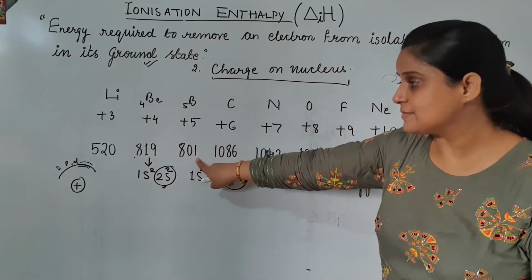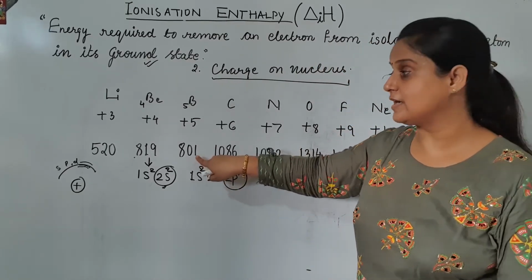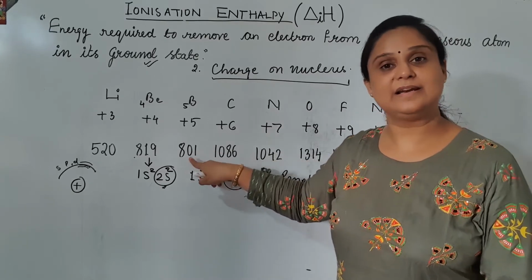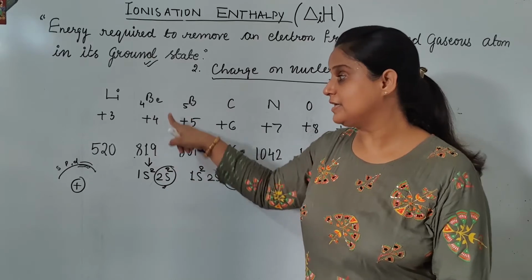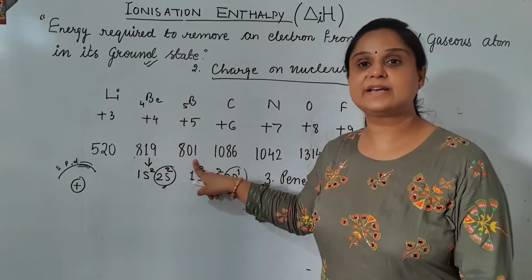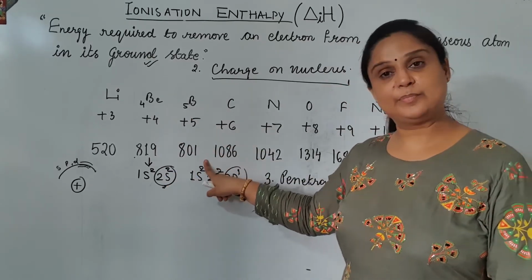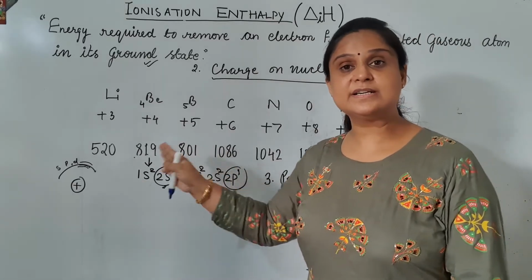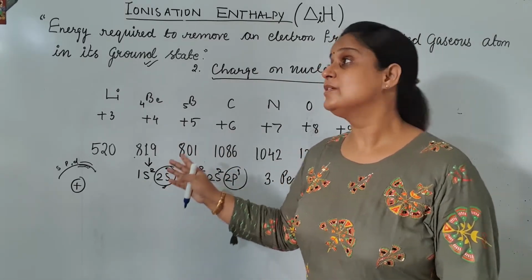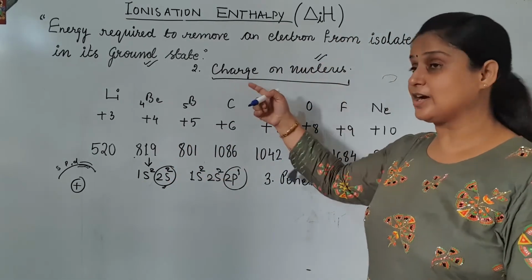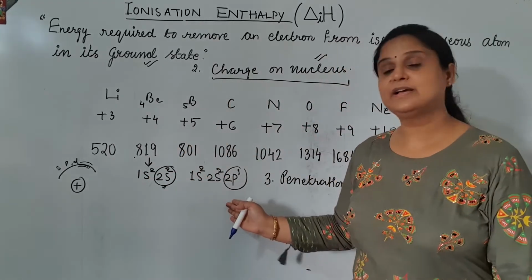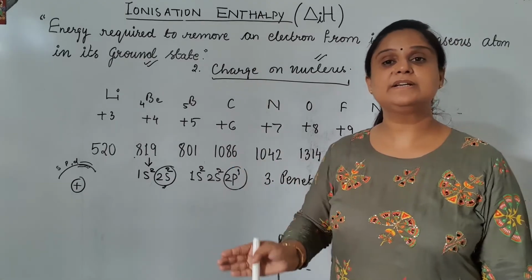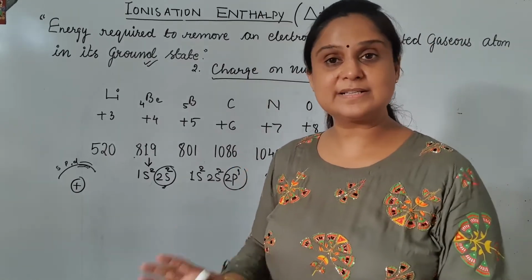So if it becomes easier to remove the electron, the ionization enthalpy will be lesser. That is why the ionization enthalpy of the beryllium is more than the ionization enthalpy of the boron. So this change in trend of the ionization enthalpy, which is not following the charge of the nucleus wala step, this is due to this special effect. What is that? Penetration effect. I hope this is clear to you.